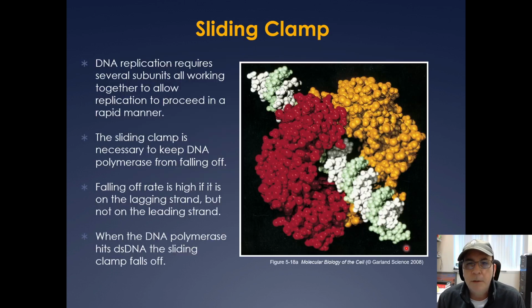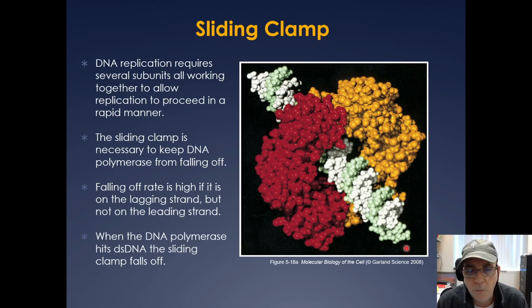Another important enzyme in all of this is the sliding clamp. Okay, and in general, DNA replication requires a lot of subunits working together to basically allow the replication to proceed in a really rapid manner. What the sliding clamp does is it keeps the DNA polymerase from falling off the DNA as it's copying the DNA.